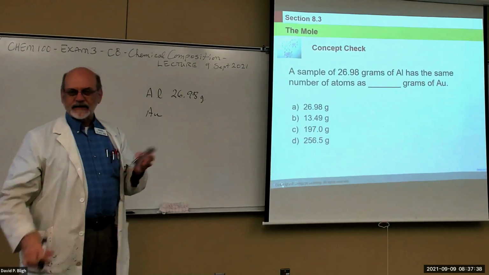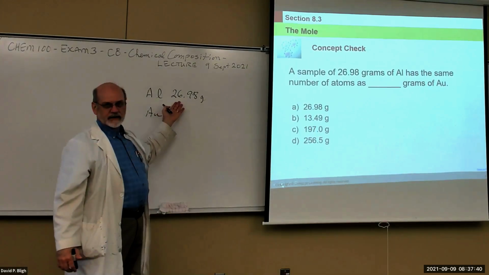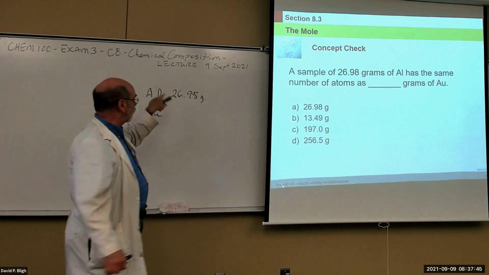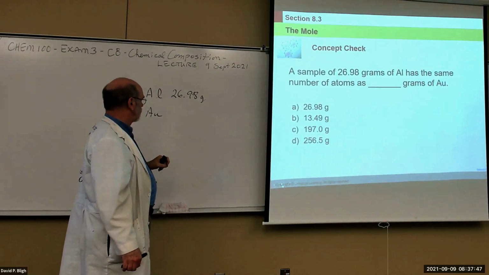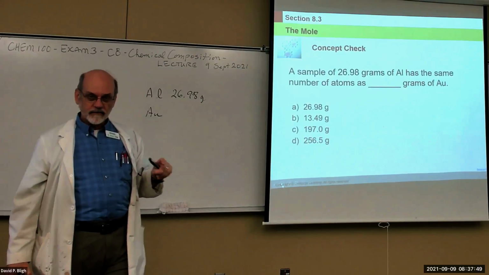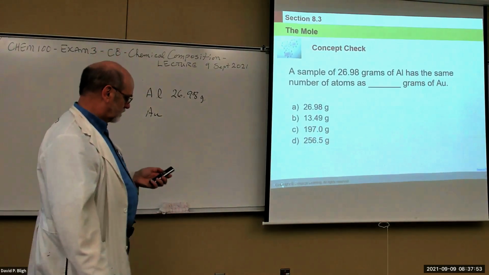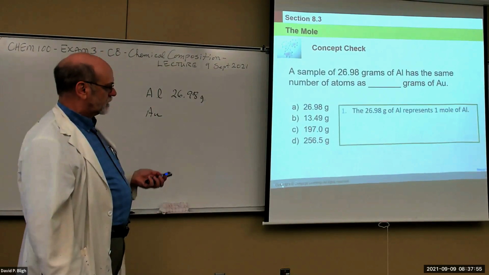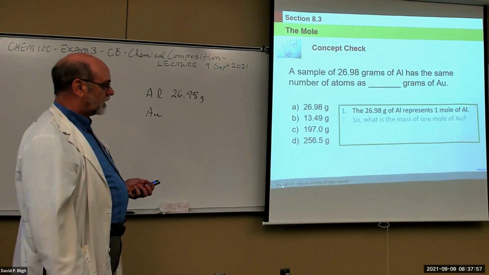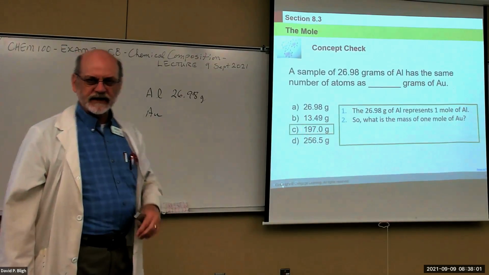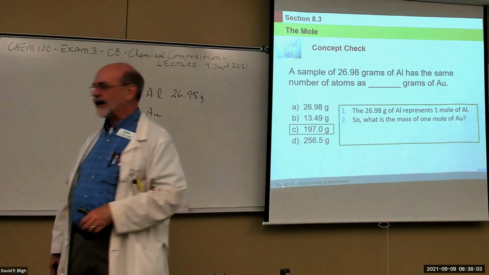Well, it's really not that difficult, because if you look on your periodic table, 26.98 is the molar mass of aluminum. So you know you have 1 mole here. So all you need is a mole of gold, and you can get that from the periodic table too. And it turns out 1 mole of gold is approximately 197 grams.